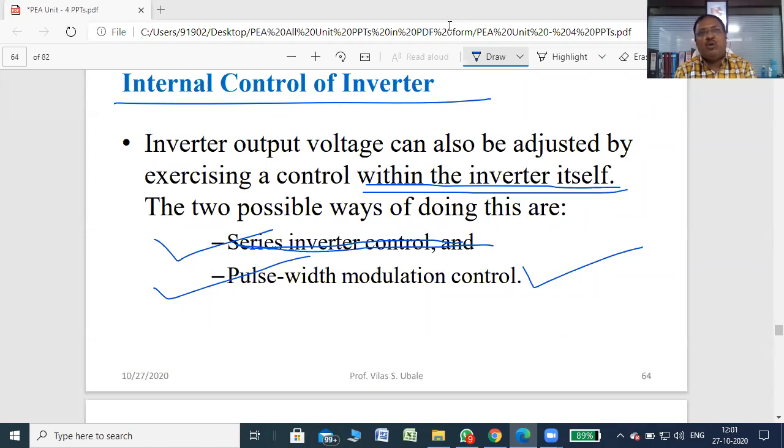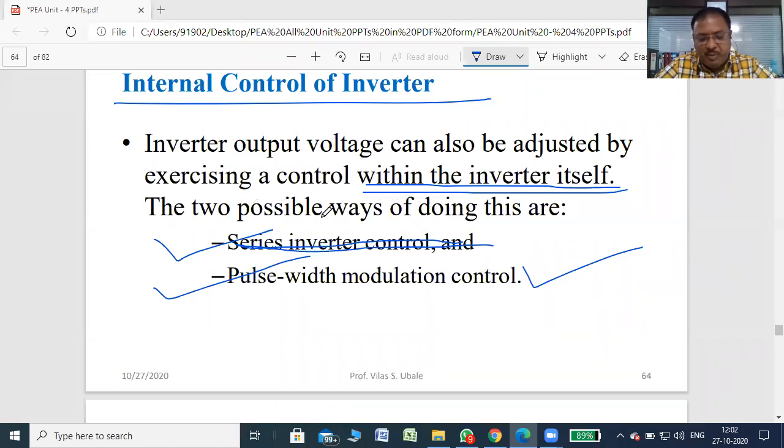Up to 11 o'clock, the internet speed and connectivity are good, but after 11 o'clock, the speed decreases and even connectivity issues may arise. But it's a regular practice. So those who are connected should attend the lecture.